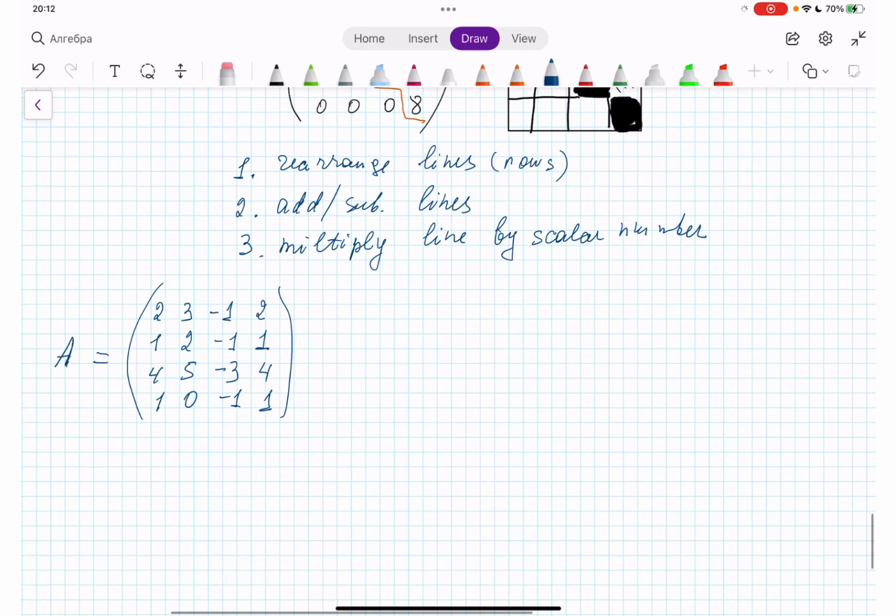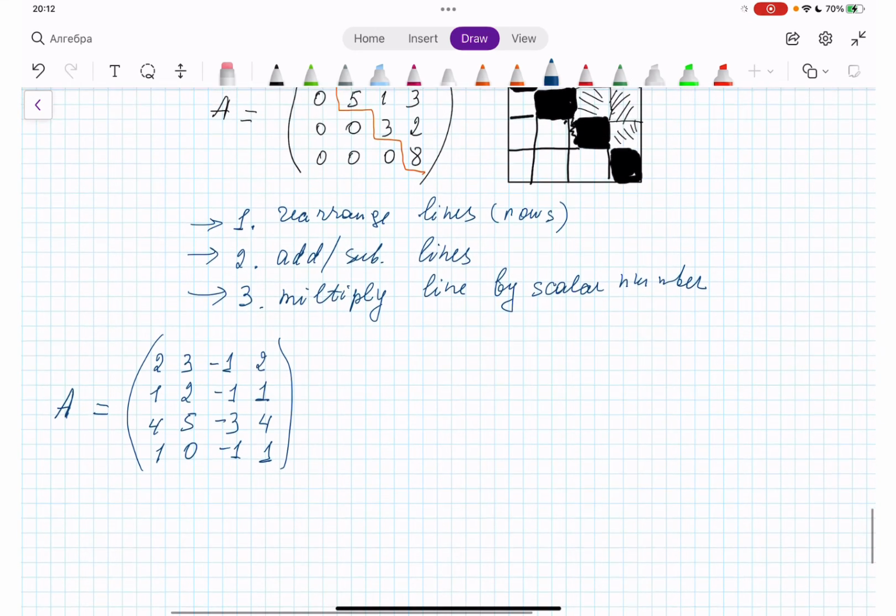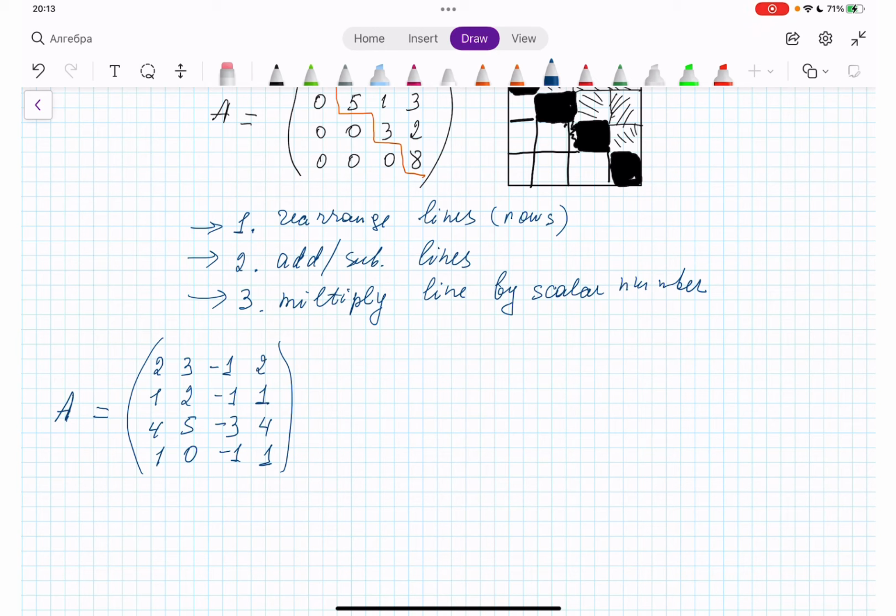Let's not forget, we are going to be guided by these 3 possible operations. So what is our goal? How are we going to start? We are going to keep these numbers, which we call corner numbers, and get rid of the numbers below this leading coefficient. This coefficient we call leading: 2, 2, negative 3, 1.